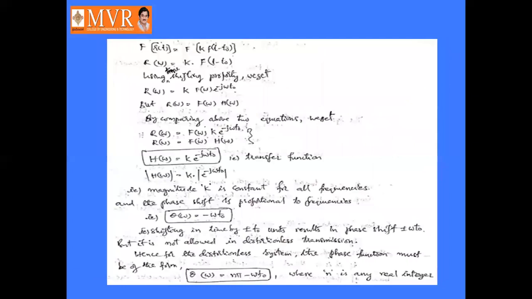So Fourier transform of r of t is equal to Fourier transform of k into f of t minus t naught. This is the time shifting property. Using the time shifting property, we get R of omega equal to k into F of omega into e power minus j omega t naught.